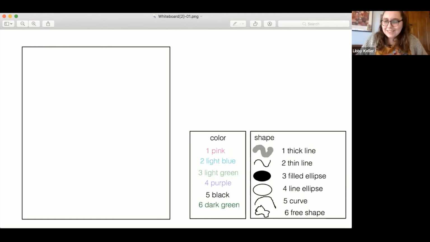And Angela, do you think we're going to be able to let people annotate? What do you think? No. Okay. So the original plan was in Zoom, there is a function where if someone's screen sharing, you can go up to the top and where it says you are viewing Libby Keller's screen, or whoever's screen, underneath more, there is the option to annotate.